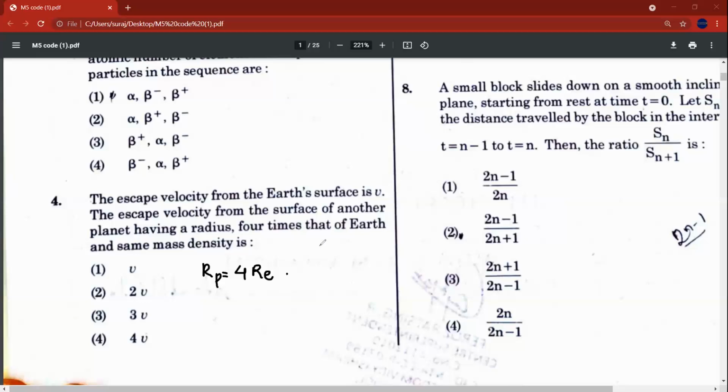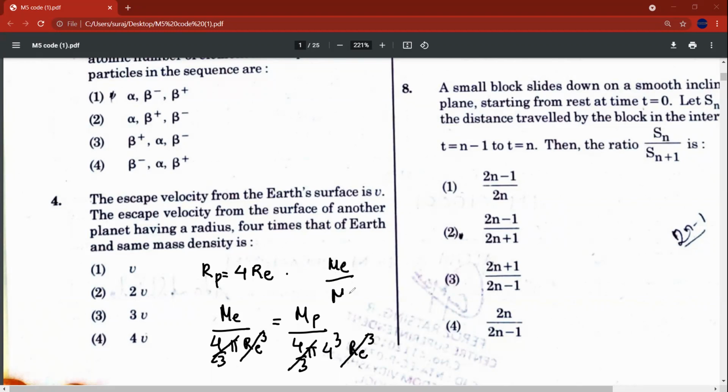Then density is the same, right? Density is mass by volume. 4 by 3 pi r cube equals mass of planet divided by the same, and the radius of the planet is 4 times re, whole cube, and the common terms get cancelled. So mass of Earth by mass of planet will be 1 by 4 cube.